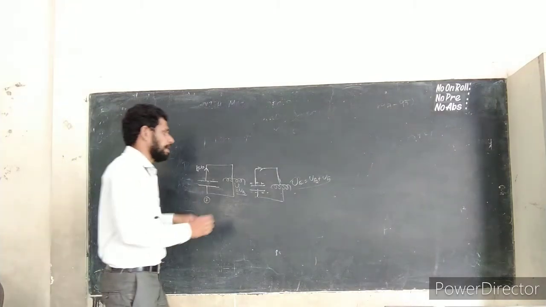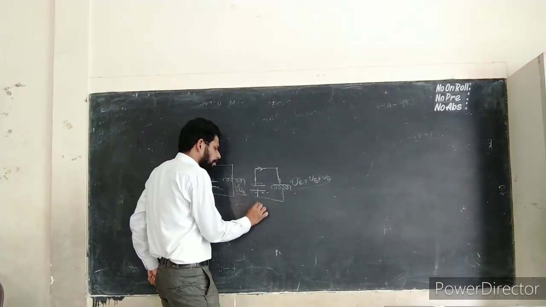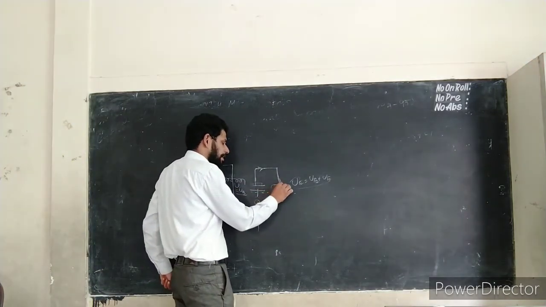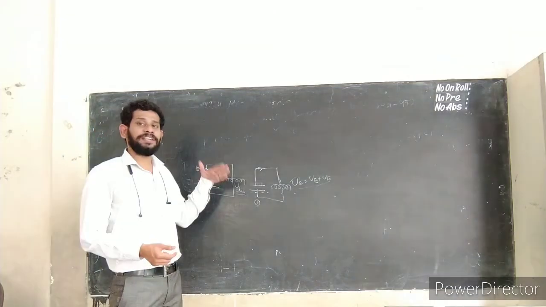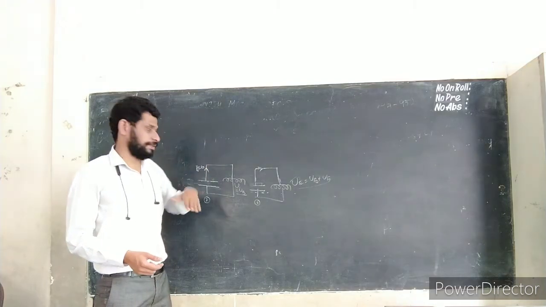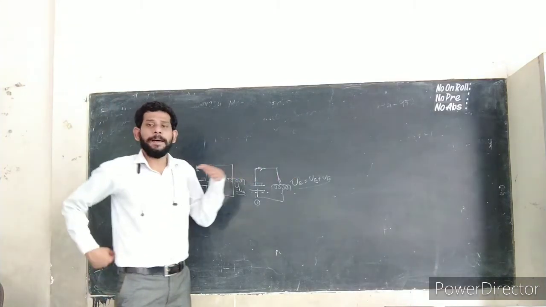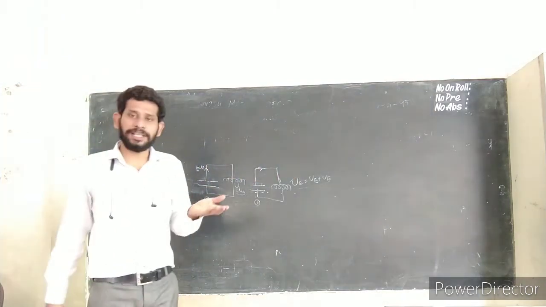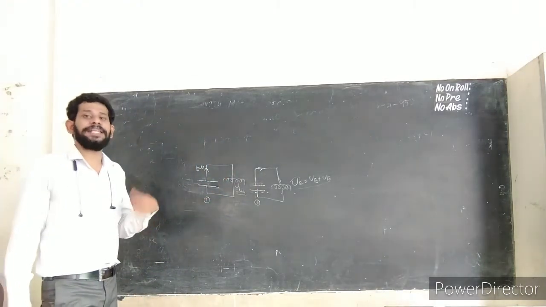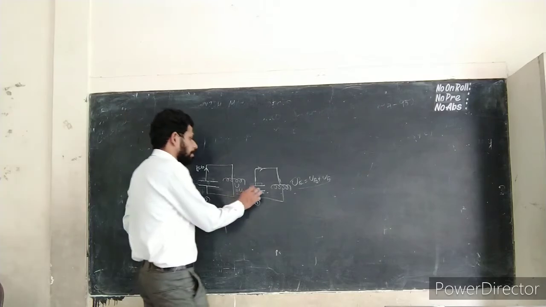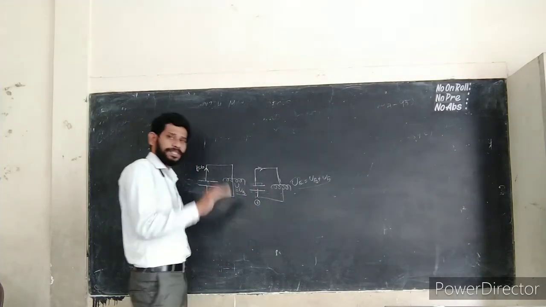Now, at the fourth stage, whenever the current flows through the inductor, there is a magnetic field. When the current is increasing, the magnetic field lines also increase. Whenever there is a change in the magnetic field lines, they must produce an induced current. That current opposes the charges and is always in the opposite direction.